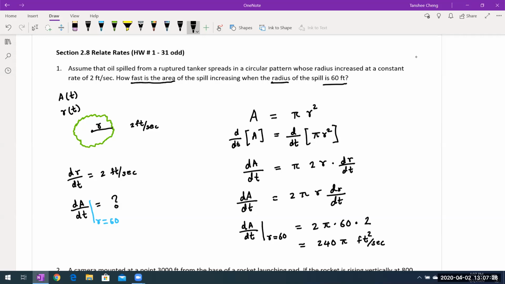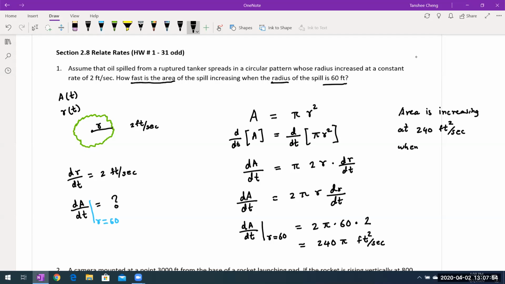And finally, the interpretation. What the question is asking is how fast the area is increasing. So now I can interpret it: the area is increasing at 240 pi feet squared per second, okay?